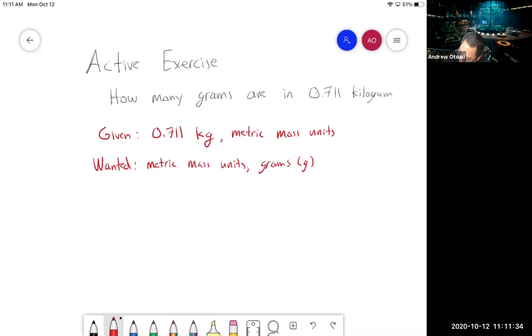We know that 1 kilogram equals 1,000 grams. And in our formula, we want to solve for grams, so grams is going to be on top over 1 kilogram, because if we divide both sides of the equation by 1 kilogram, we get our equivalency factor right there.